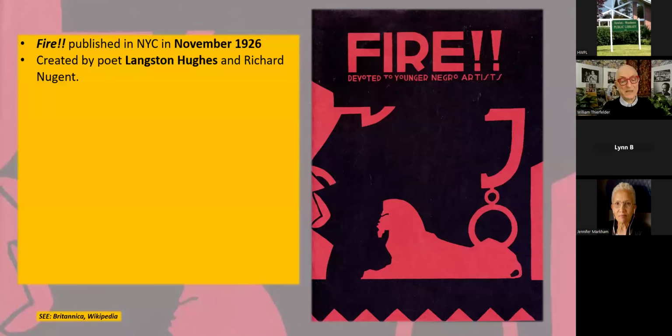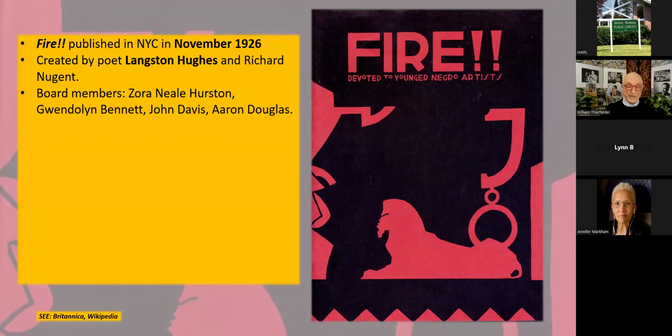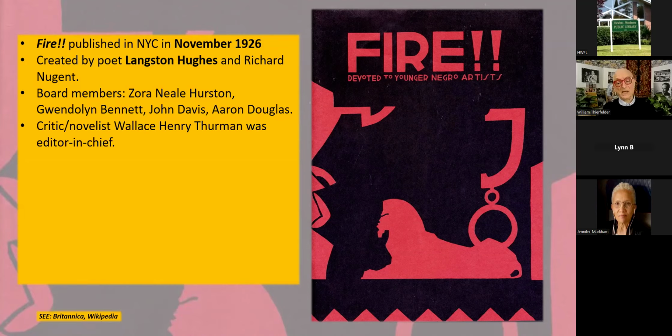It was created by Langston Hughes and the writer and graphic artist Richard Nugent. Zora Neale Hurston, Gwendolyn Bennett, John Davis, and Aaron Douglas were on its editorial board. And the editor-in-chief was a young novelist and critic named Wallace Thurman.